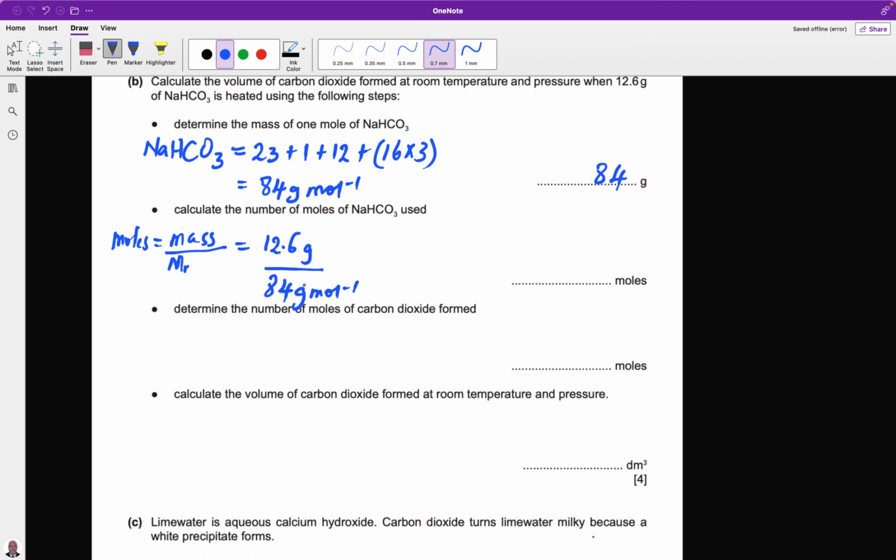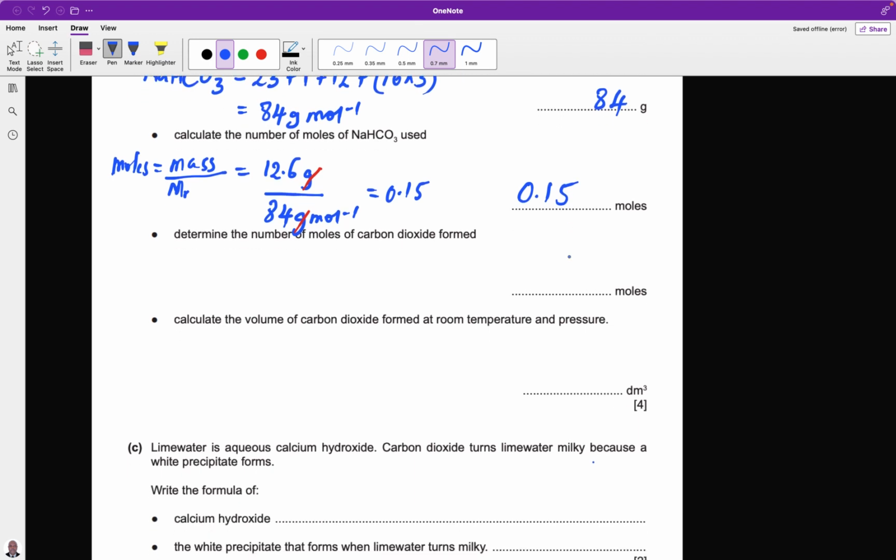The gram will cancel the gram. 12.6 divided by 84, what we are going to have will be 0.15, which will be equals to 0.15 moles.